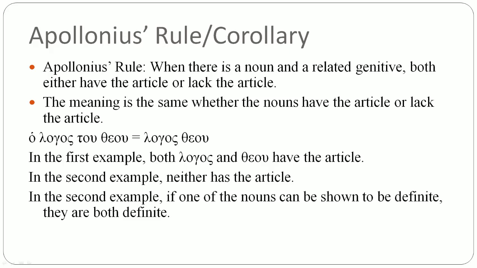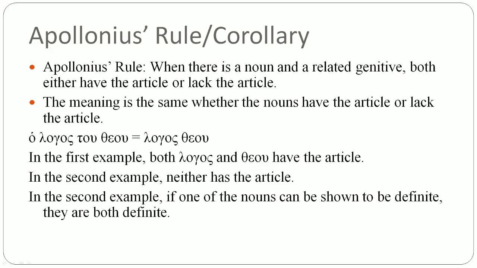That is, with a noun and the related genitive, both the noun itself and the genitive will either both have the article or both lack it. Confusingly, you can have these two possible forms: both words with the article or both words without it. The meaning is the same.